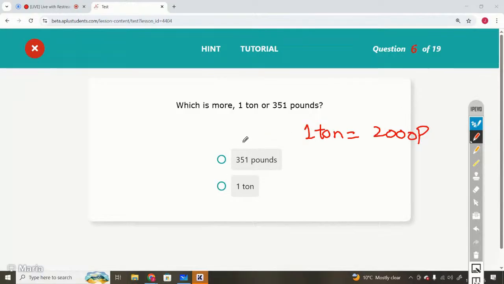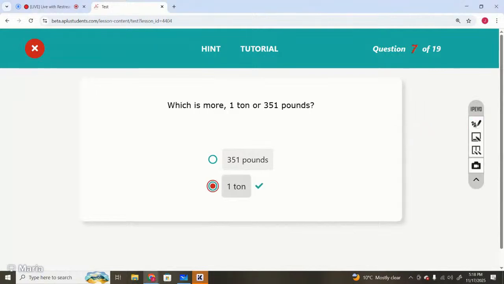So 1 ton is more than 351 pounds. Option number 2 is the correct option.